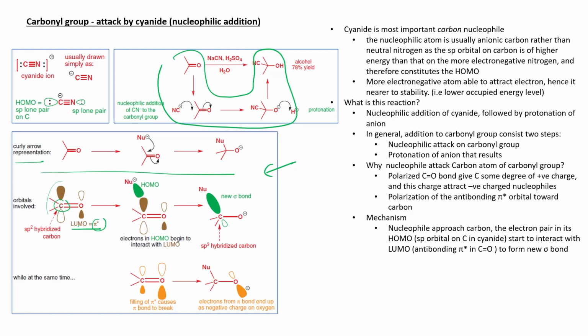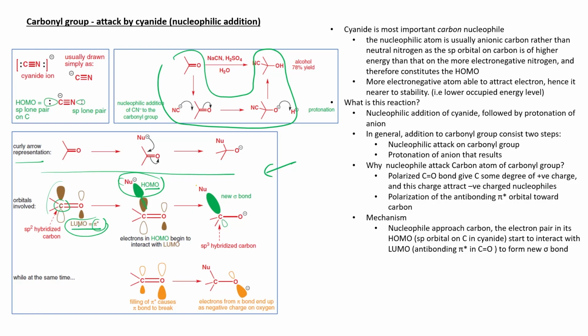The LUMO and HOMO interact best with each other. That's why the HOMO is the nucleophile and the LUMO is normally the electrophile. Because the LUMO, the pi antibonding, is at the carbon, the nucleophile will attack at this carbon.